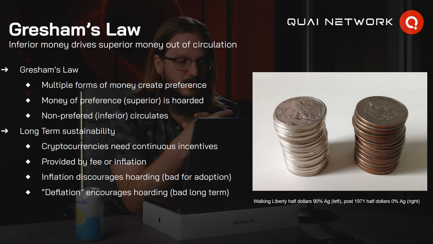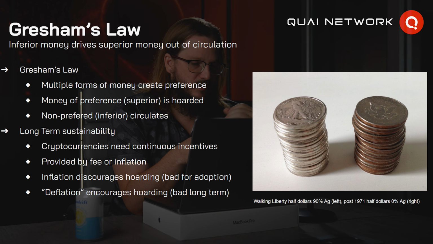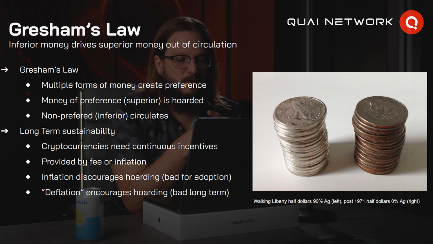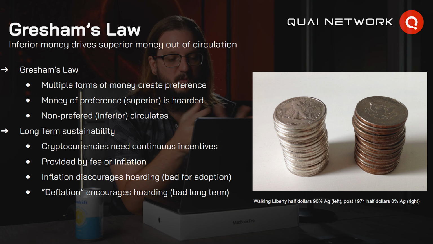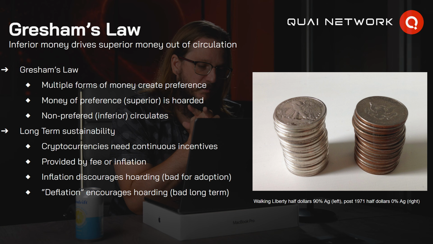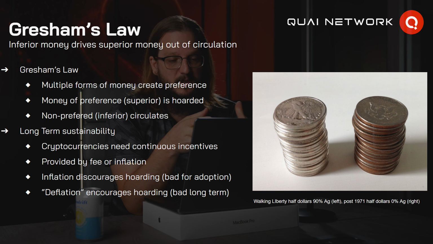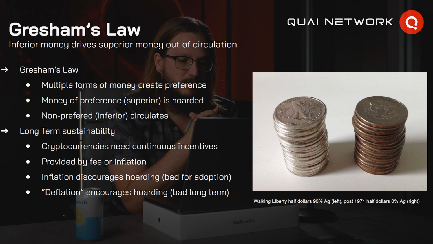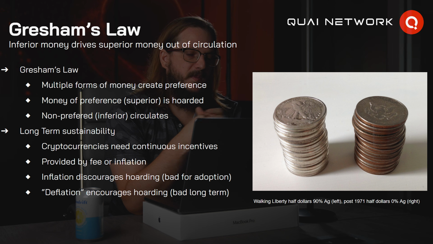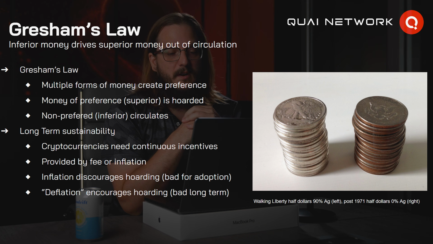There was a time in the mid-1800s in America where America was on a bimetallic standard, so we had both gold and silver coins circulating. For about 40 years prior to the Civil War, that was the only form of money that circulated. It was only with the Civil War and the introduction of the greenback, which was effectively created to fund the war, that the gold and silver coins came out of circulation.